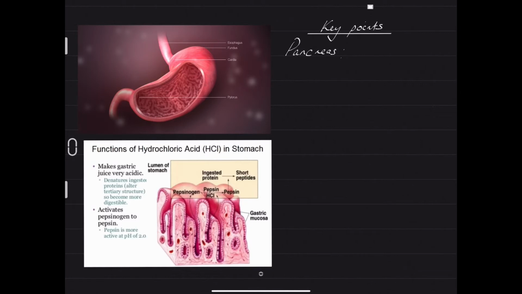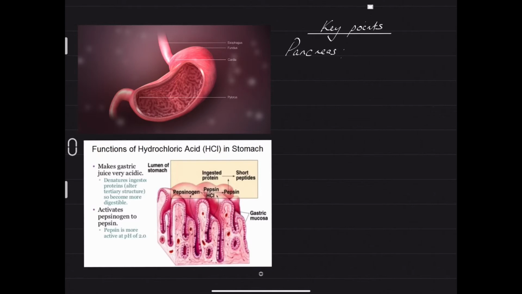So when we eat a meal, once it's gone through the stomach and a few hours later after it's been broken down to a certain extent in the stomach, the food leaves the stomach and it moves into the small intestine.